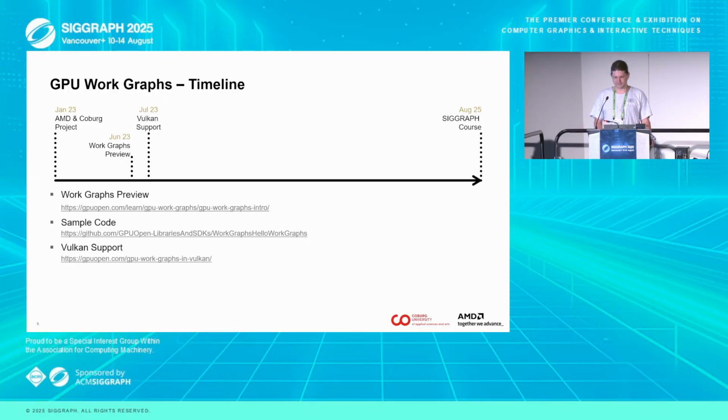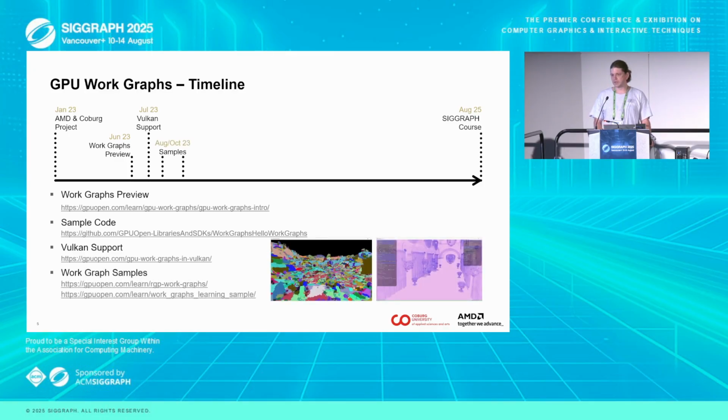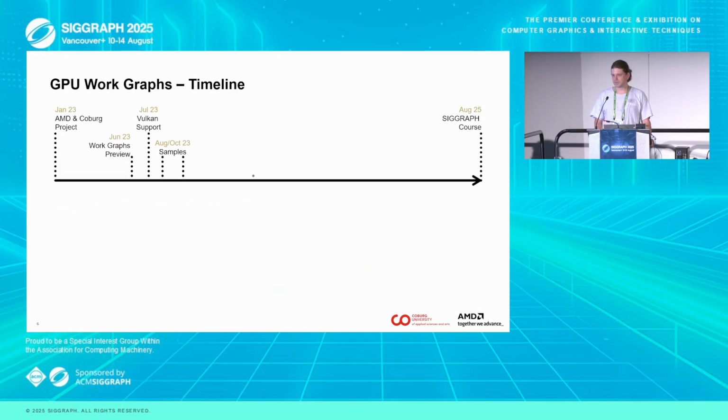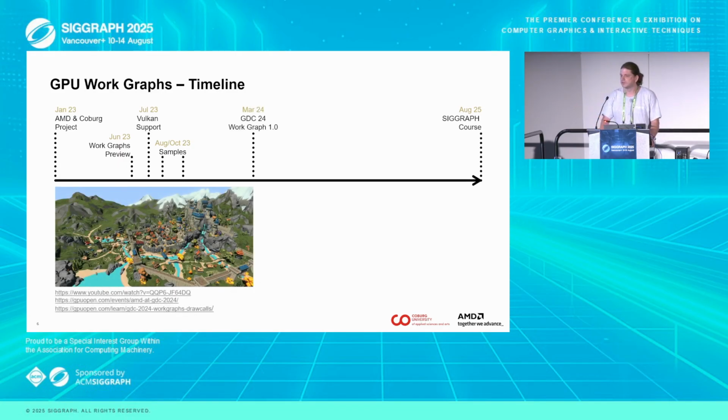And then there were some samples coming out on GPU Open, and for the Game Developers Conference in 2024, the first official WorkGraph 1.0 release came up, and there we made this demonstration as a team that I'll show you in a minute.